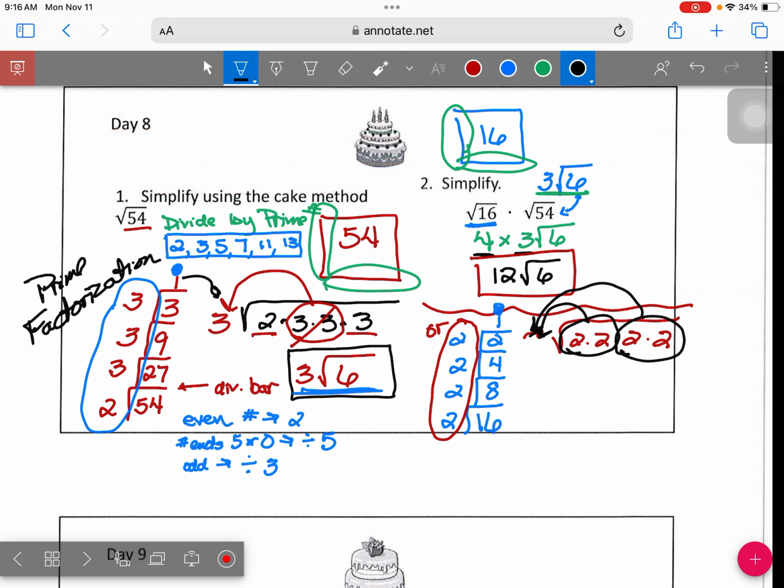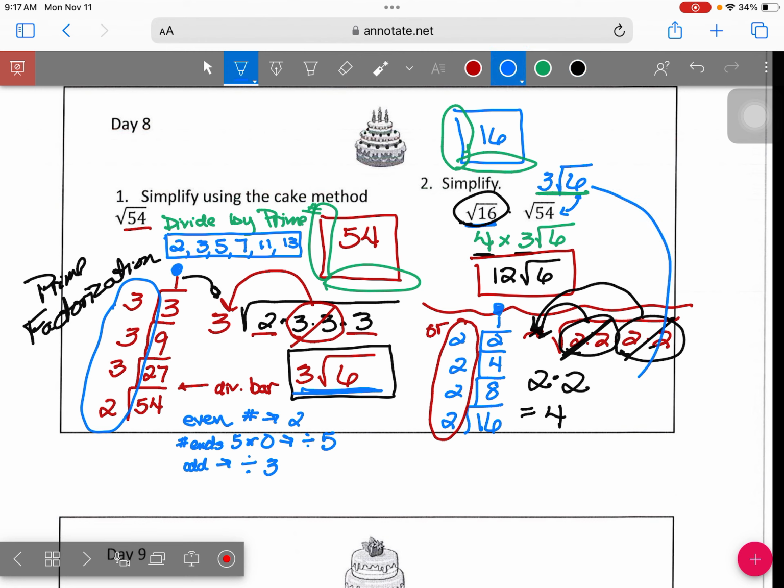So the square root of 2 times 2 is 2 on the outside. That's for the first one. The square root of 2 times 2 is times 2 on the outside again. I don't have anything under the radical there. So 2 times 2 is 4. And that is for the square root of 16. So even if you didn't know that, you can find it using prime factorization.